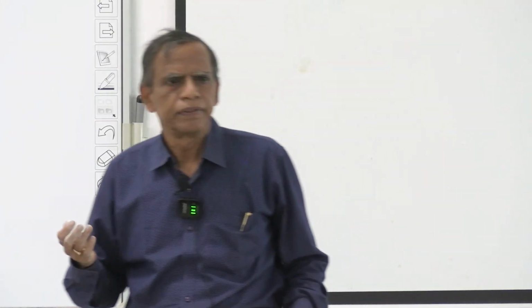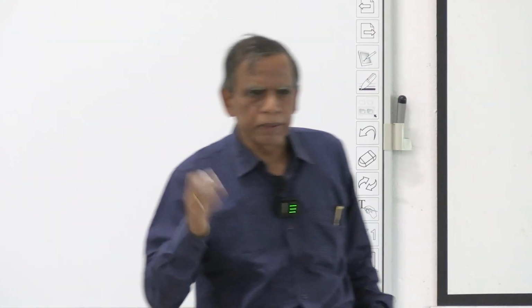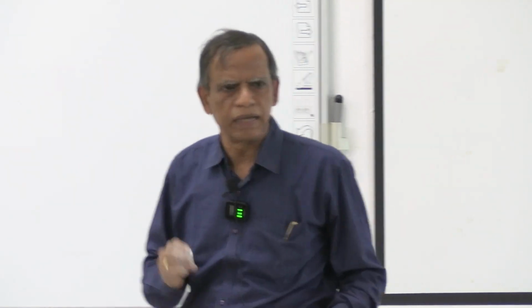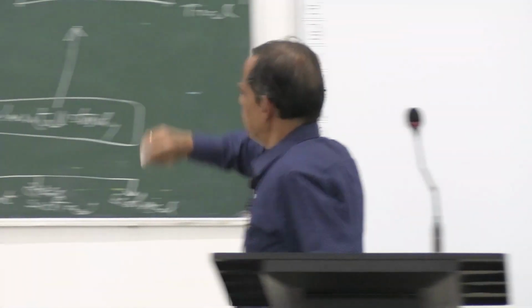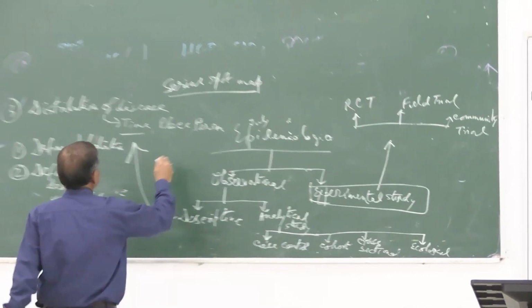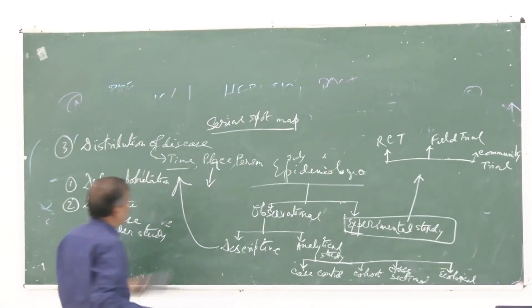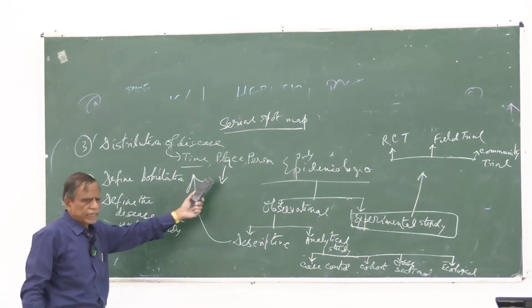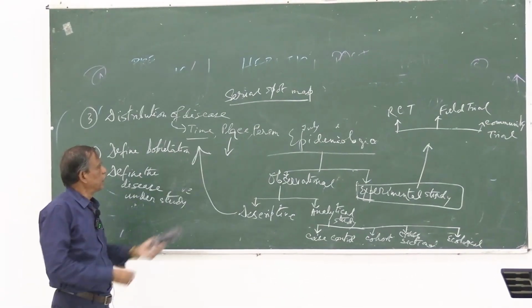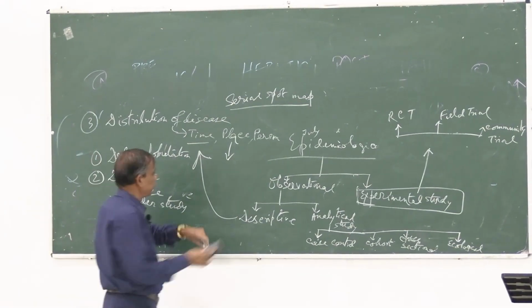Communicable diseases like ARI, diarrhea, diphtheria, tetanus. So, in rural area, more people are suffering from communicable diseases, but in the urban area, more people are suffering from non-communicable diseases like hypertension, diabetes, cancer, accident. Clear? So, in this way, we can describe the cases in various places. Next is person.